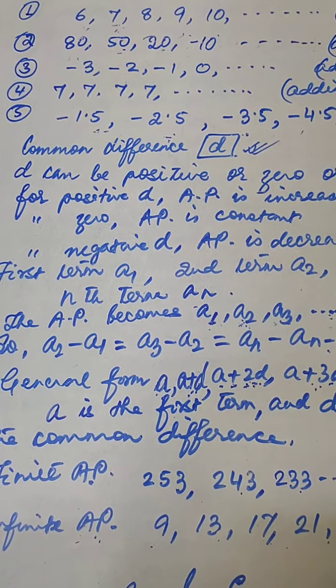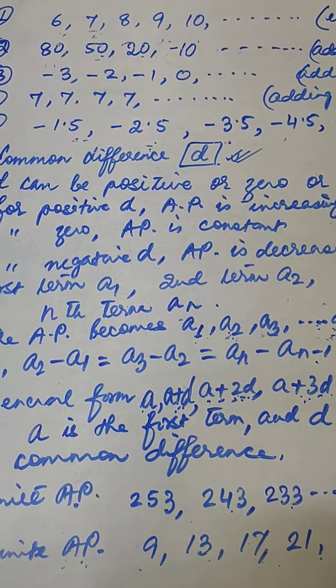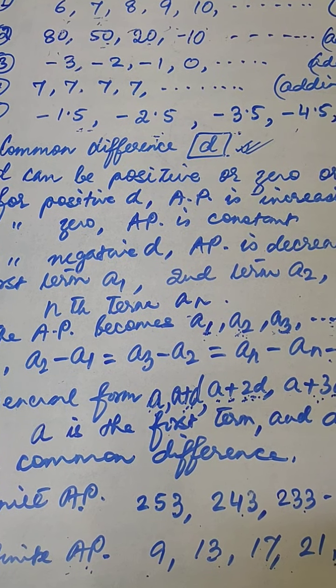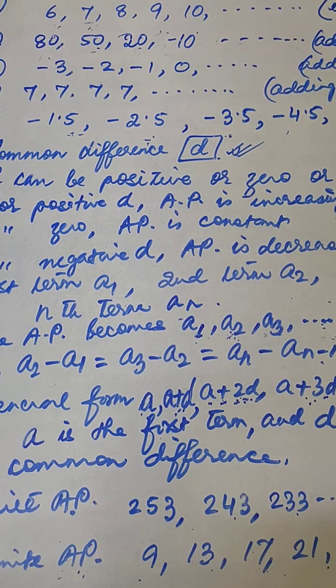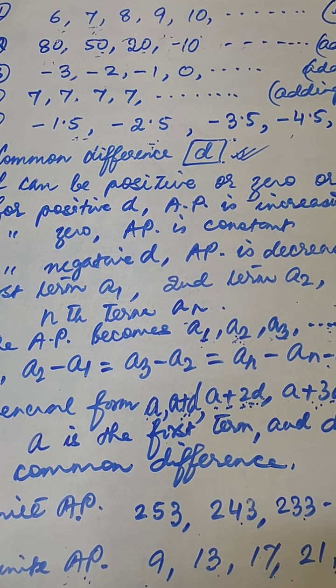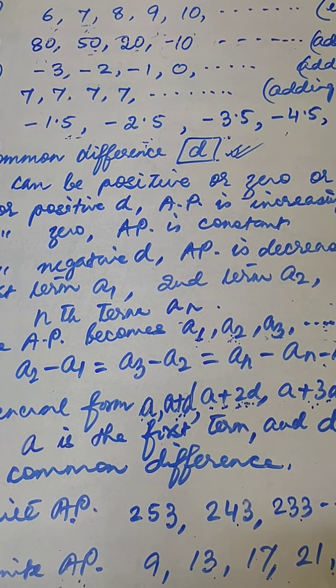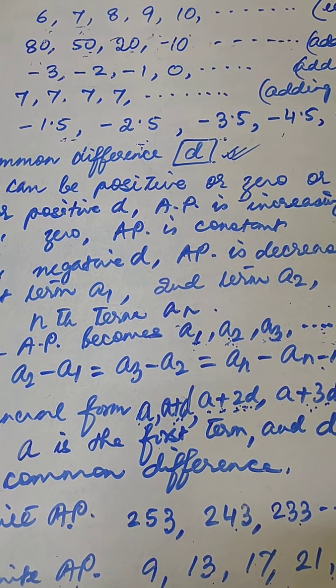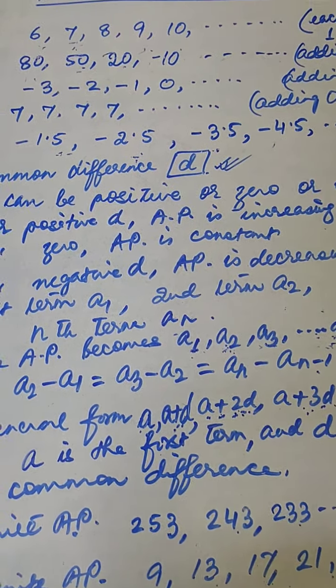Next one we have 80, 50, 20, minus 10 and so on. So how are we getting the terms? By subtracting 30 from each term, we are getting the successive terms. Or we can say that we are adding minus 30 to the preceding one to get the successive terms.